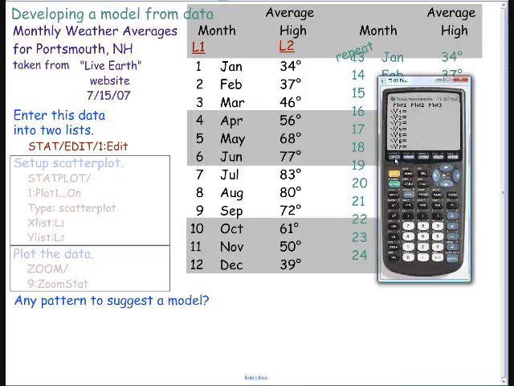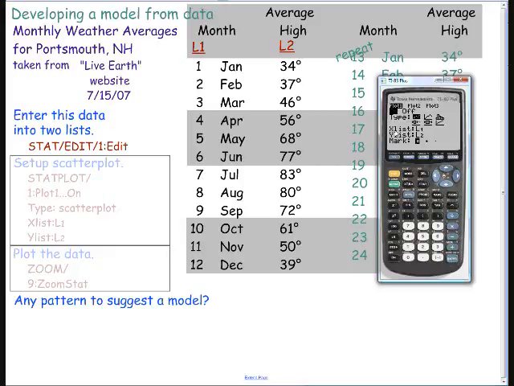Okay, and now we're going to go to stat plot. We're going to turn a plot on, enter, and then turn it on, enter. It's going to be a scatter plot.